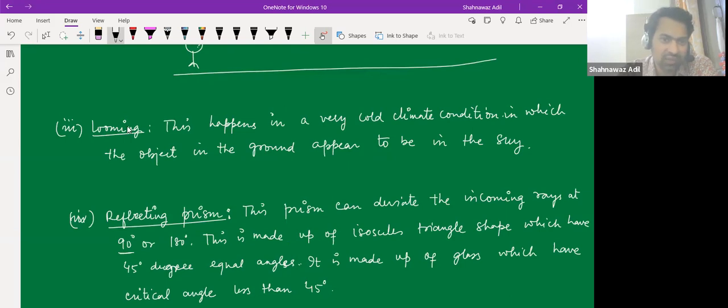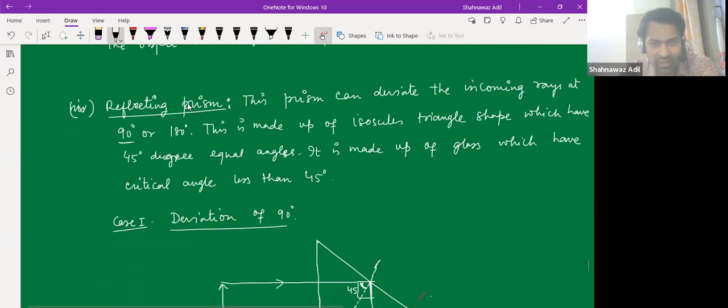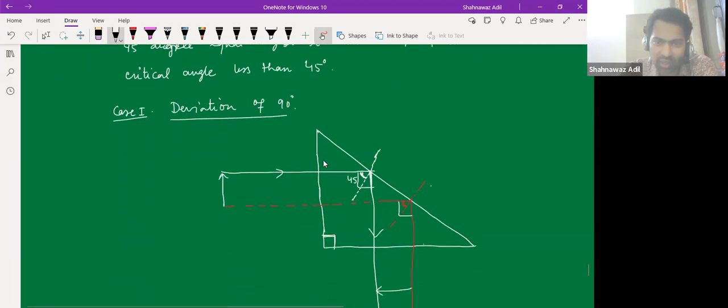This is again the phenomenon of TIR. And then you have this reflecting prism. So it has a certain structure, and the object is made up of some glass whose critical angle is less than the incidence angle, right? So if the incidence angle is greater than the critical angle, then it will be reflected back. So this is reflected back, right?